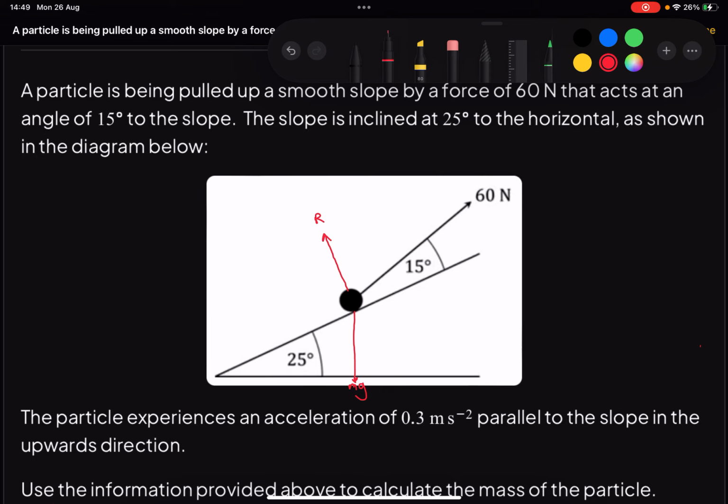But then you can draw a line right down from R and join it to create a force triangle, and this will tell us the horizontal and vertical forces.